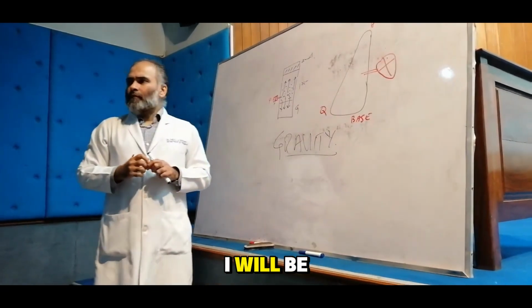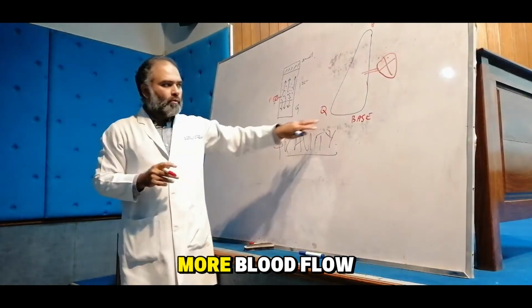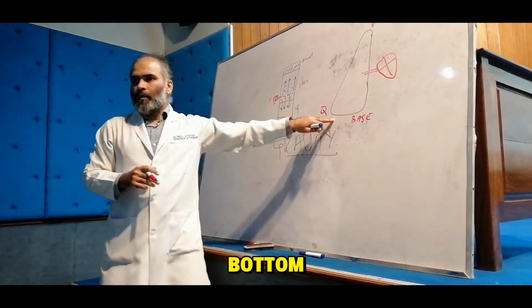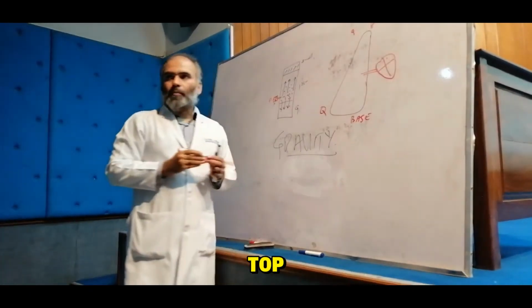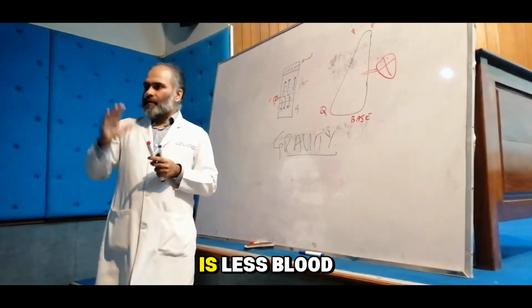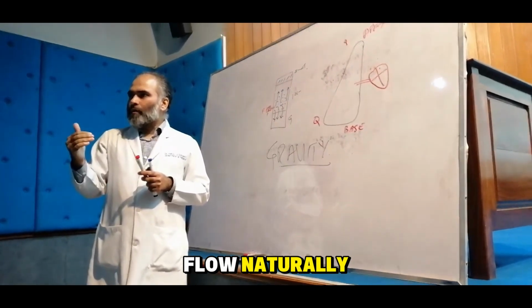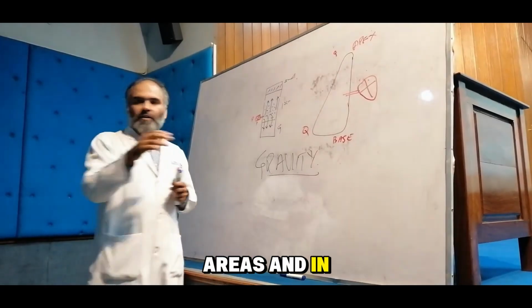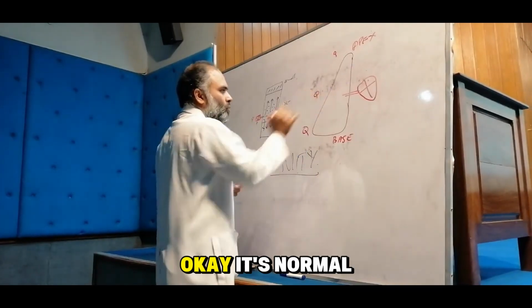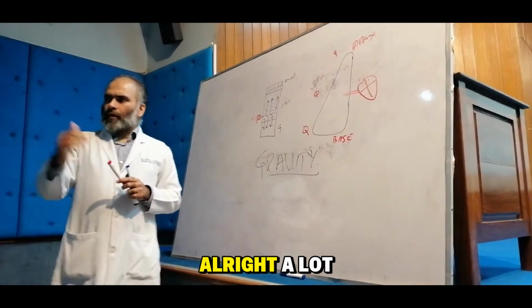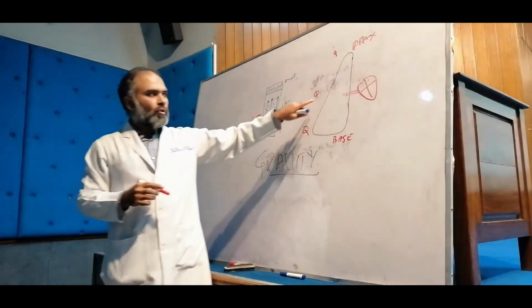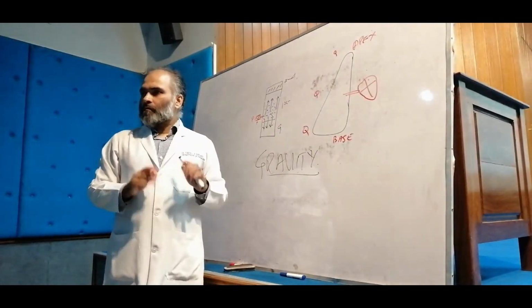More blood flow is at the bottom than at the top. I made it small because there is naturally less blood flow on the top areas, and in the middle it's okay, it's normal. A lot, all right, less.